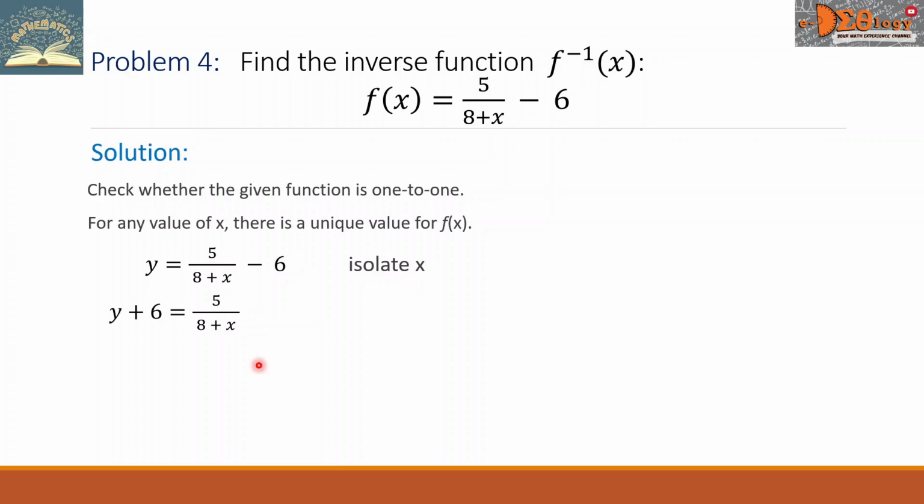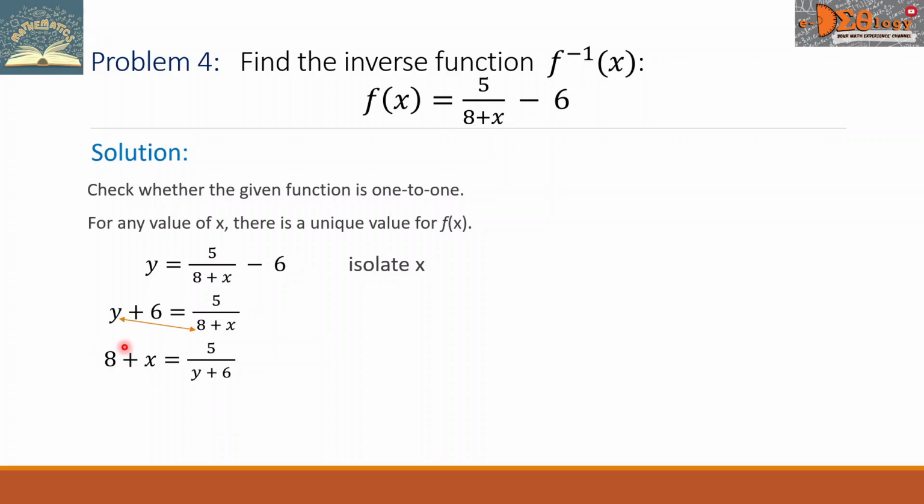We want to isolate x. From here we're going to interchange the position of 8 plus x with the y plus 6. That means this 8 plus x comes to the left side and the y plus 6 comes as denominator. It becomes like this.